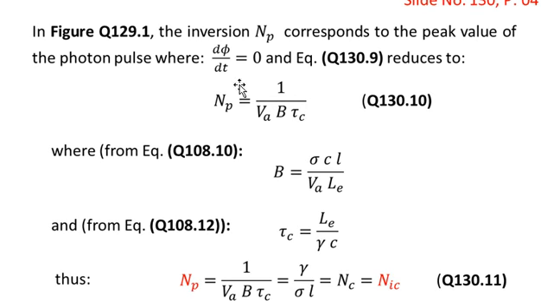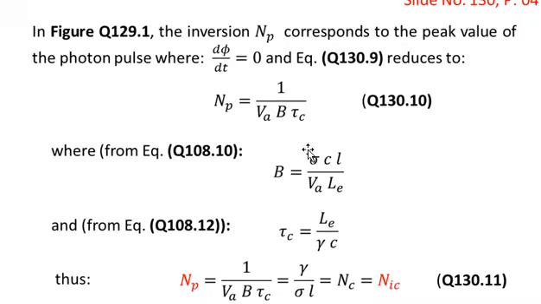I am not going to solve this equation for B, but from slide number 8 and equation number 10, which I am reproducing here, I have the relation that B is equal to σ C L divided by V_A L_E, where L_E is the effective length of the cavity, and V_A is the volume of the active medium rod.